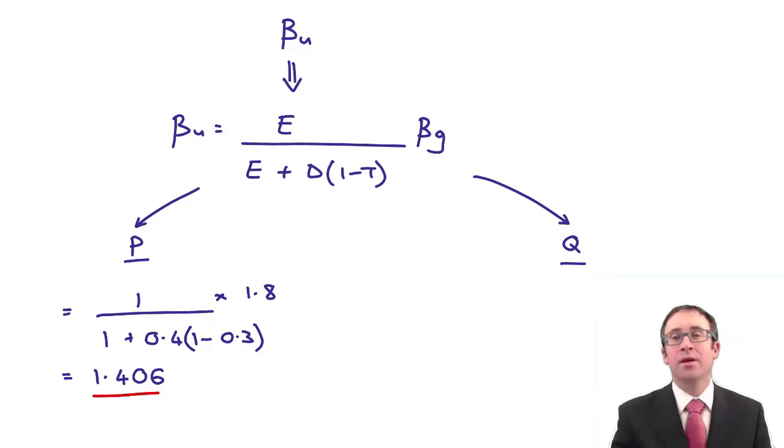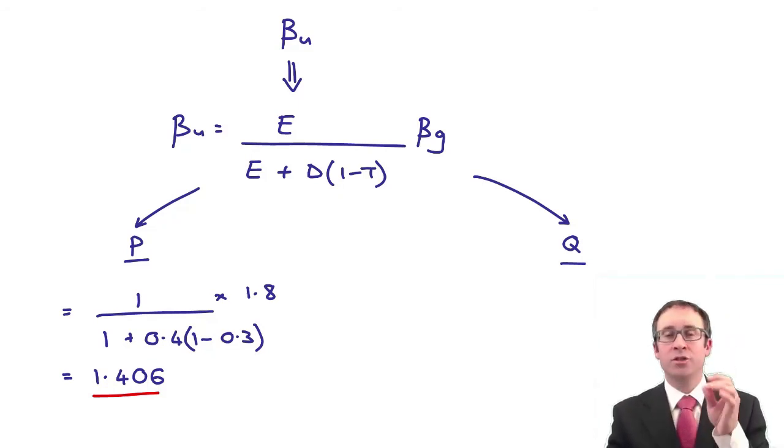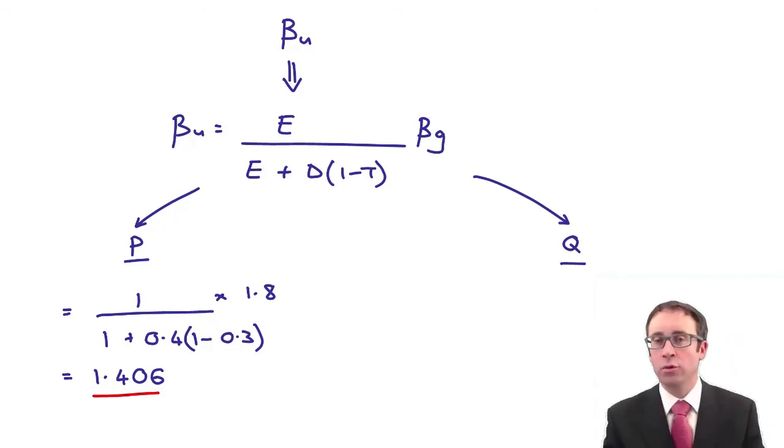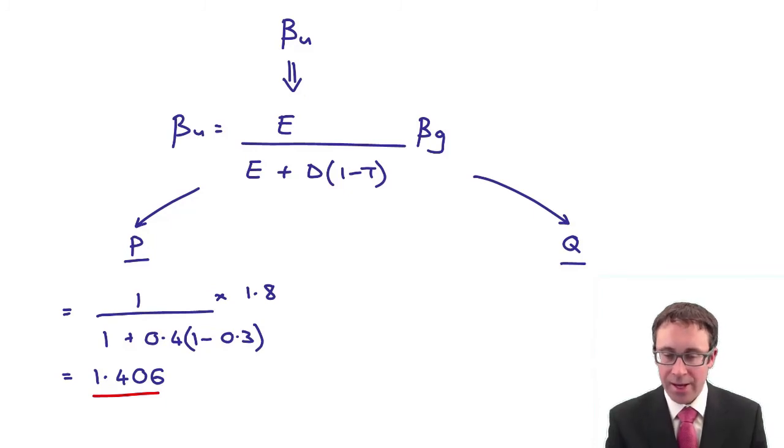Again, we are assuming that the debt is risk-free, so beta D equals 0. Hence we're using the abbreviated version of the formula.